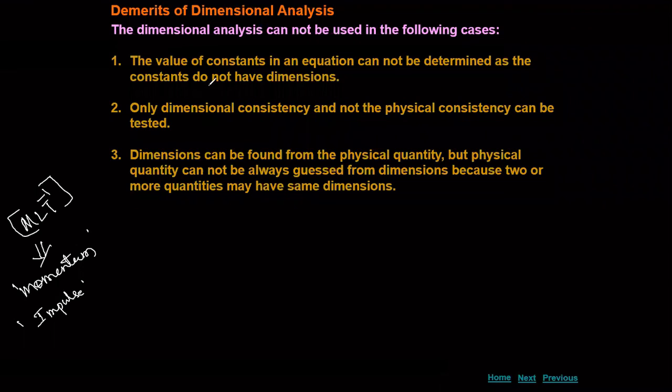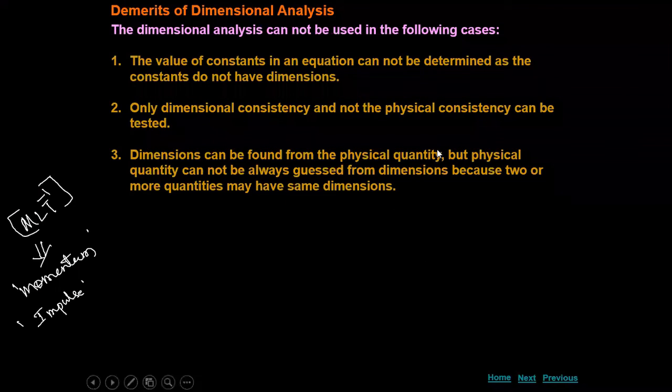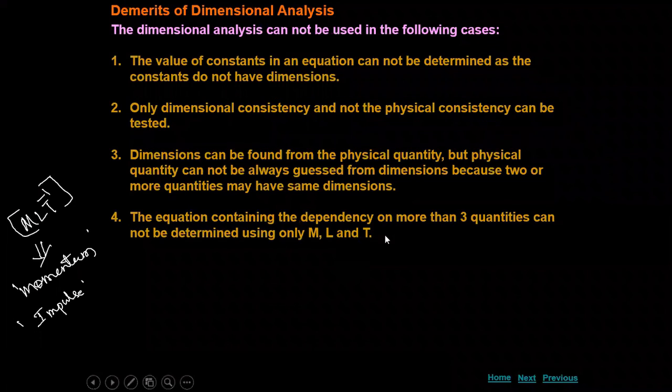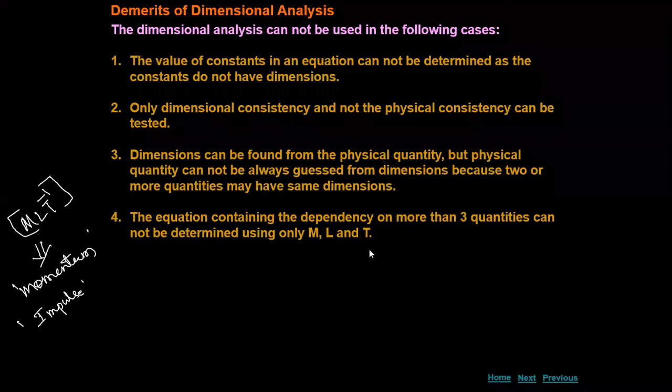Next, equations containing dependency on more than 3 quantities cannot be determined using only M, L, and T. This is also one more factor. When we are deriving, we are using M, L, and T. If it involves some other physical quantity, like temperature, that also should be taken into consideration, and there a difficulty comes.